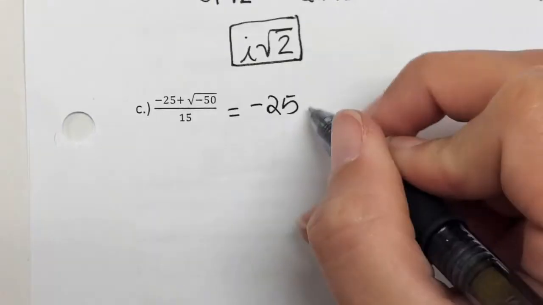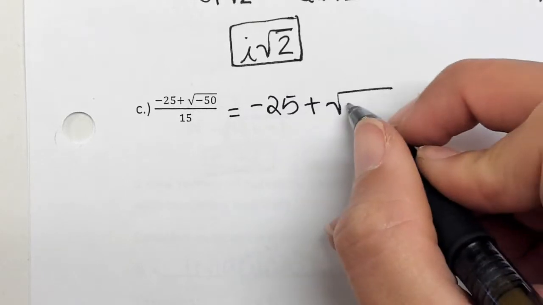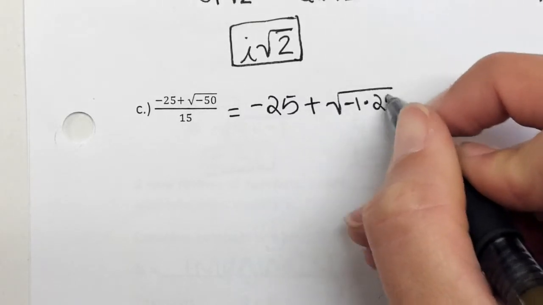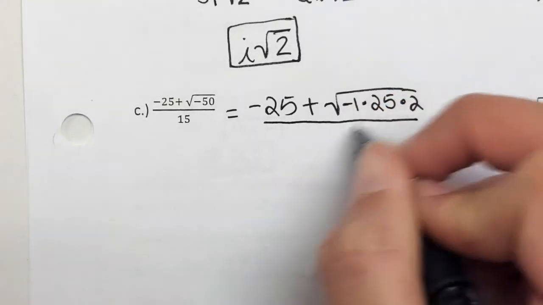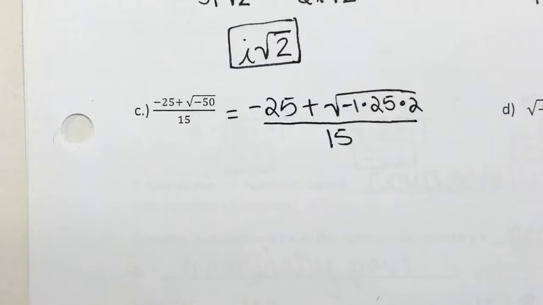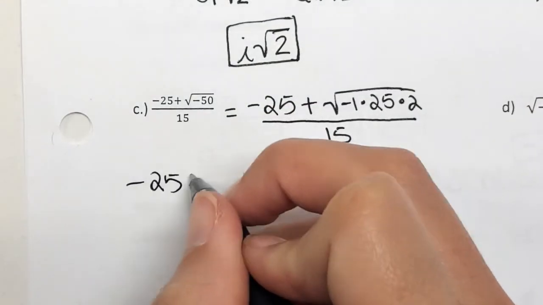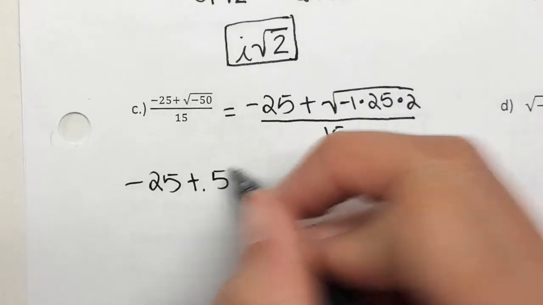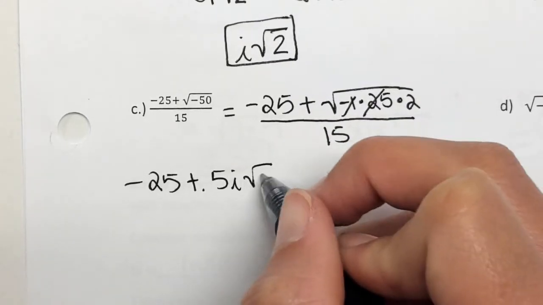So negative 25 plus, what's the perfect square that goes into 50? 25. Good. So 25 times 2. Now the square root of 25 is what? 5. What else can I take out? What stays underneath? 2.